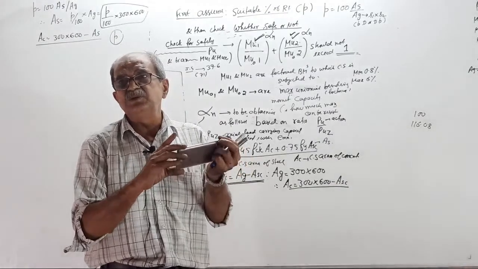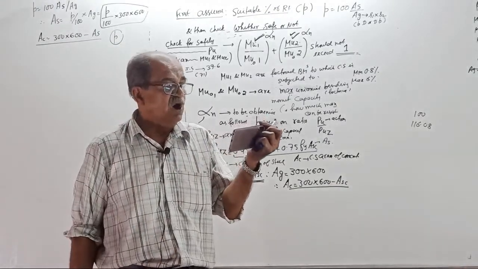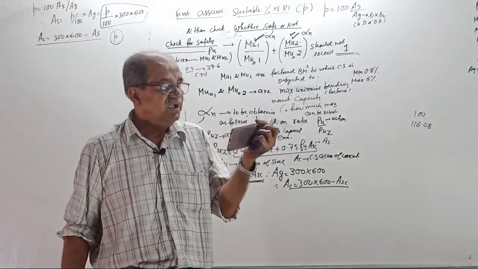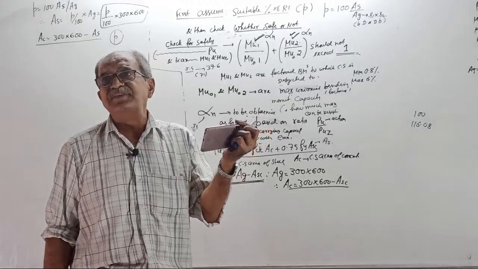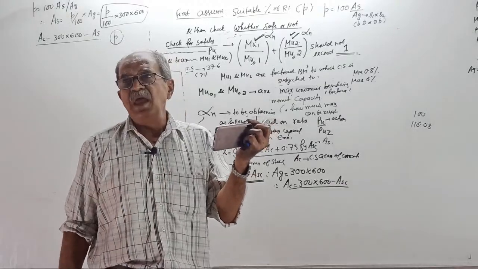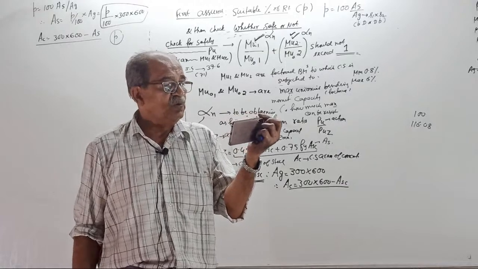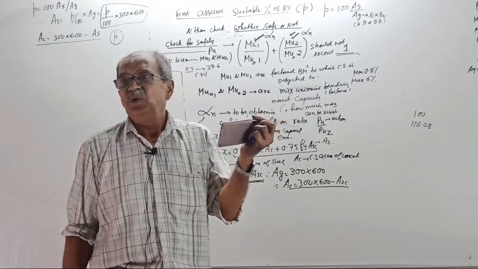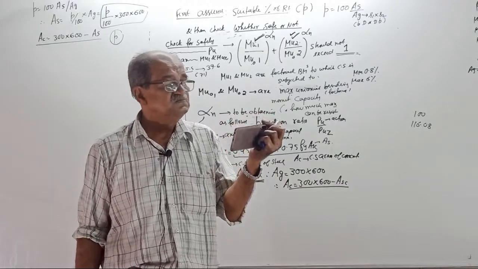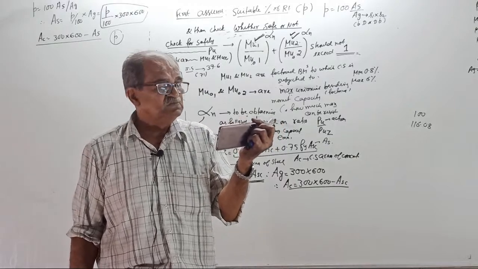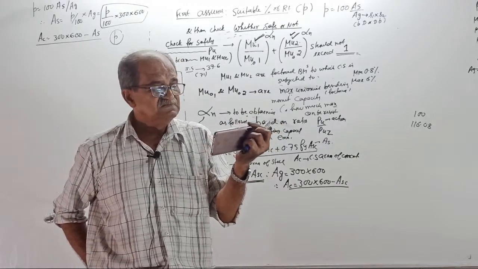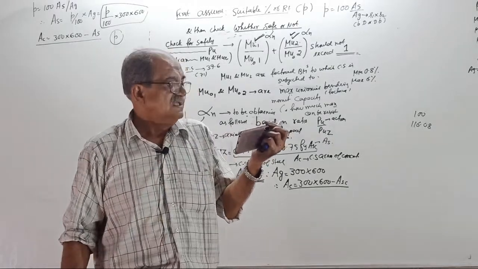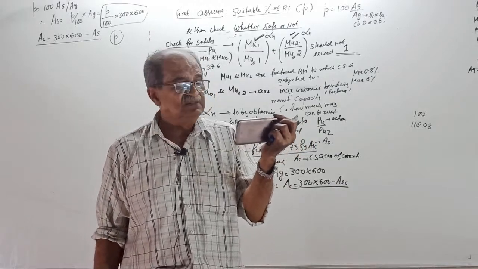So no wastage. A design is very economical and also safe if you can make the ratio very nearly equal to... Not 0.8. 1. But slightly less than 1 or more than 1.